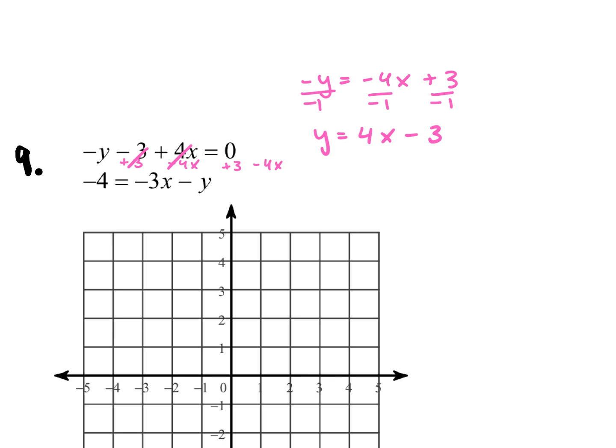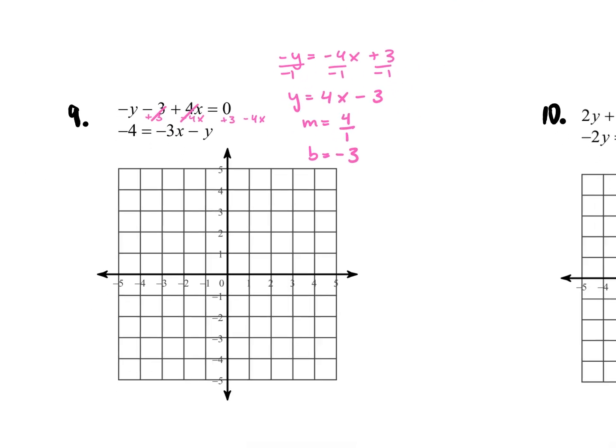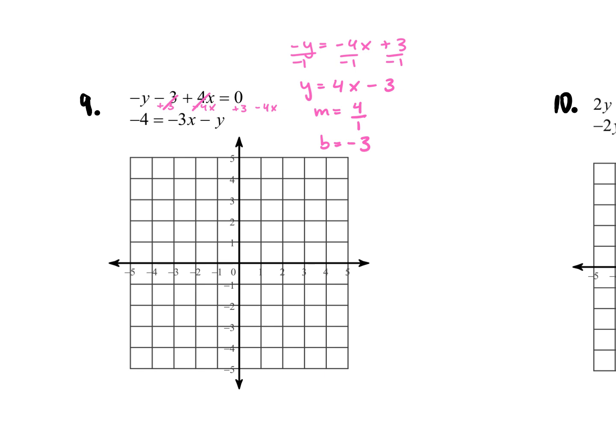So just be careful. So what's our slope? 4 over 1, perfect. What's our y-intercept, our b? Negative 3.